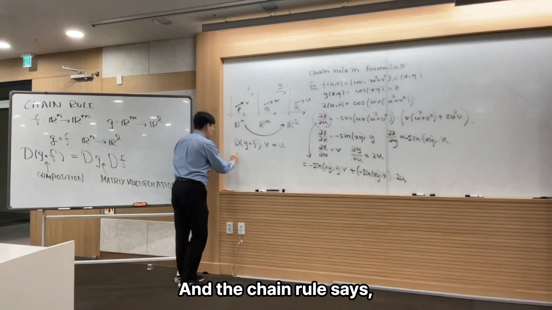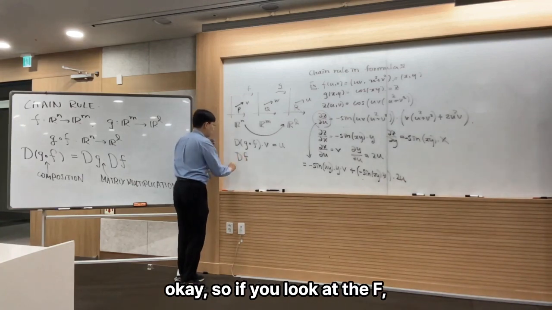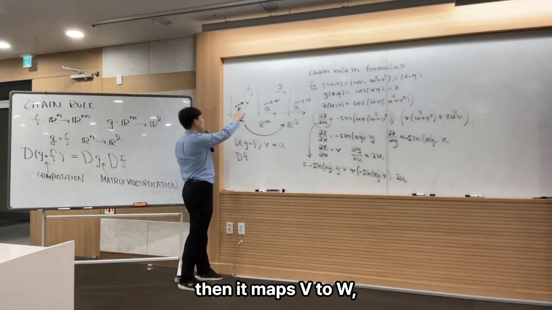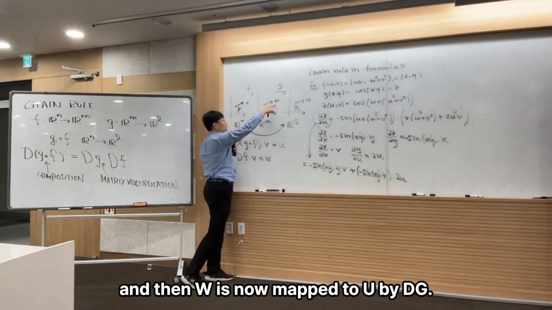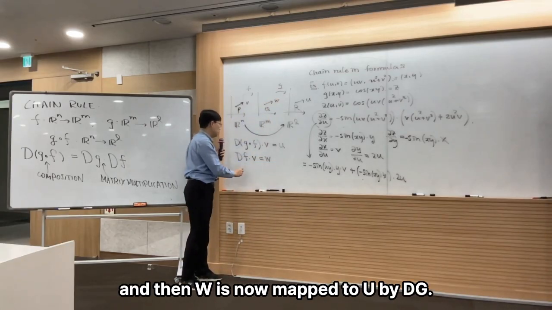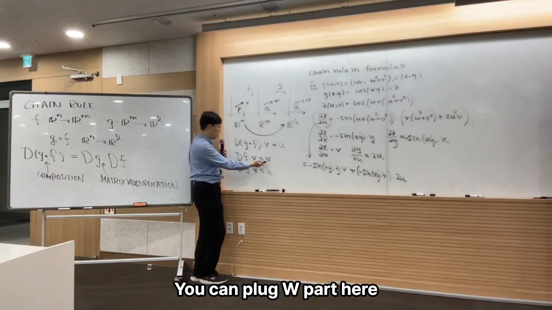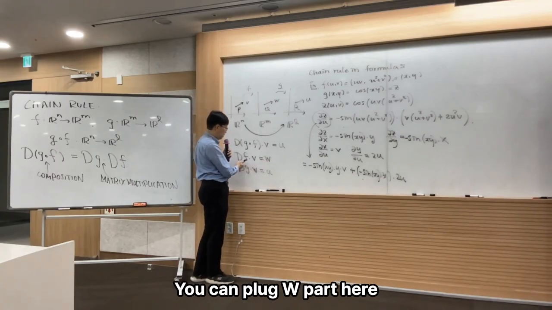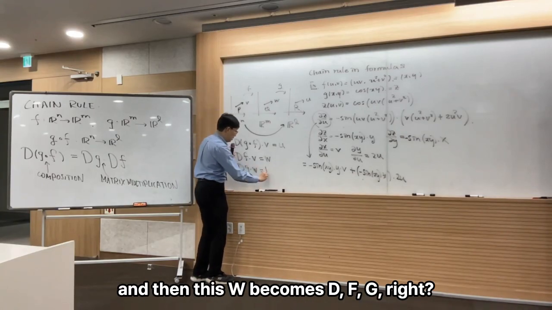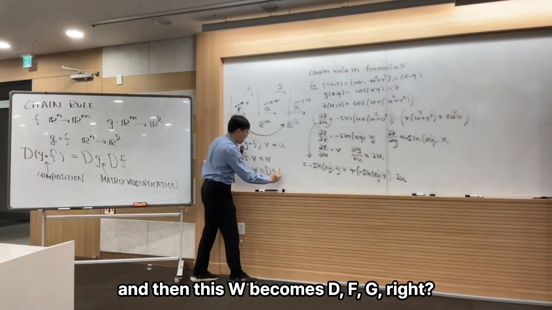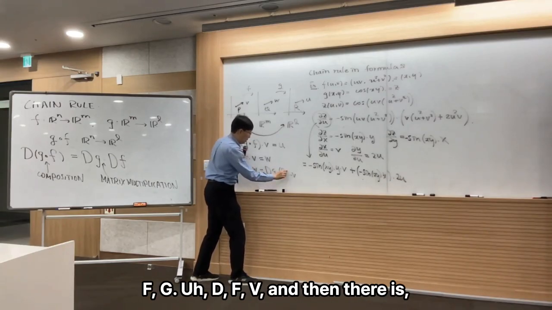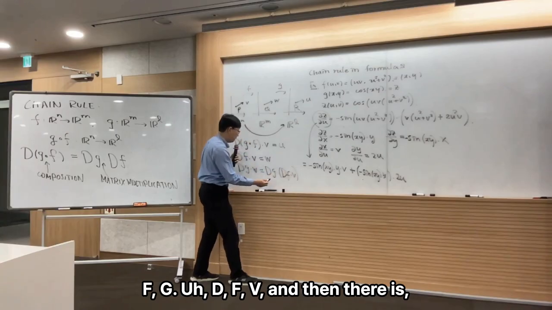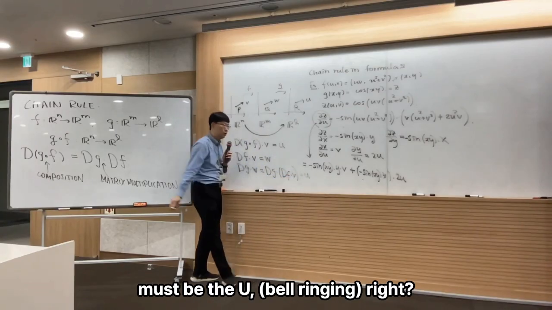And the chain rule says, okay, if you look at the f, then it maps v to w, and then w is now mapped to u by the g. So therefore, what happens? You can plug the w part here, and then this w becomes dfv, so dg dfv, and then that must be the u, right?